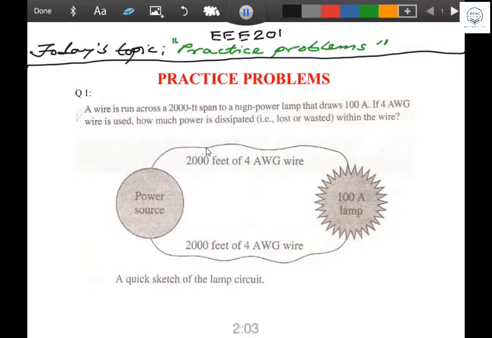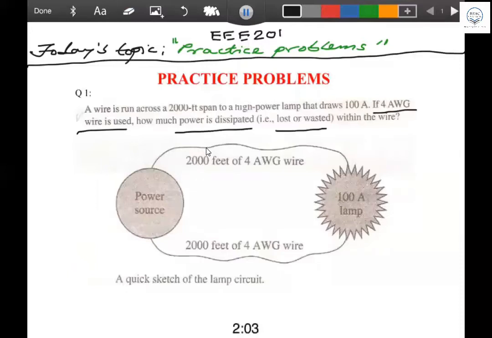A wire is run across a 2000 feet span to a high power lamp that draws 100 ampere, and if a 4 AWG gauge wire is used, how much power is dissipated, wasted or lost in the wire, that is what you have to find.